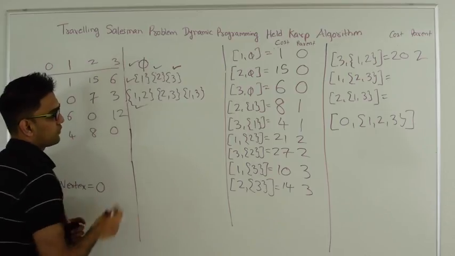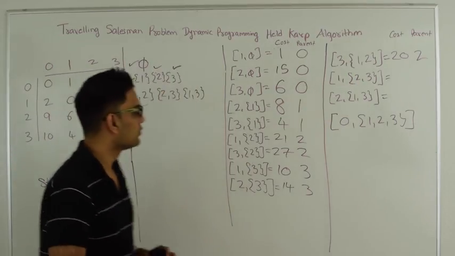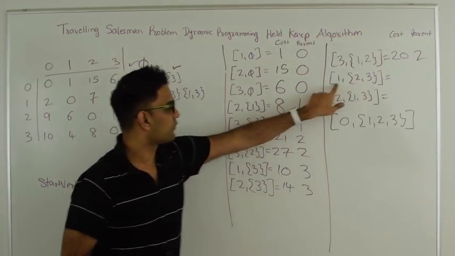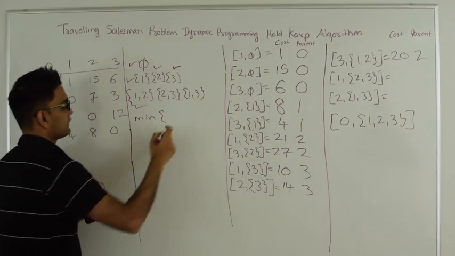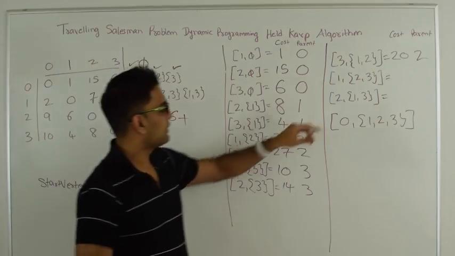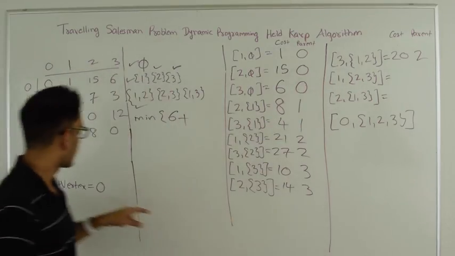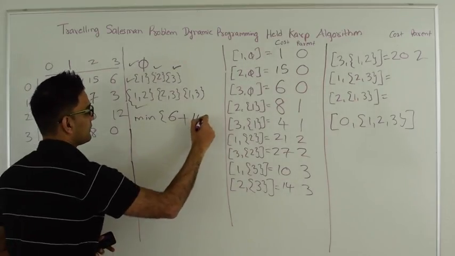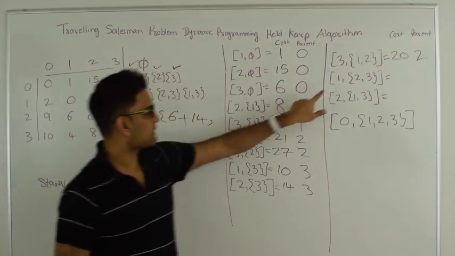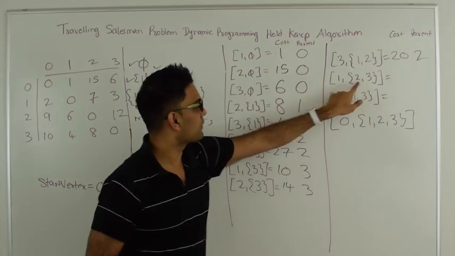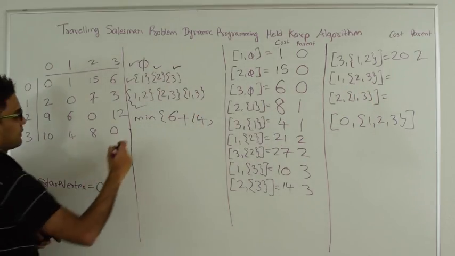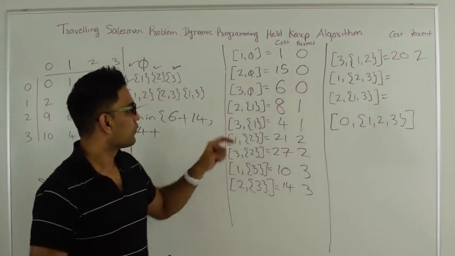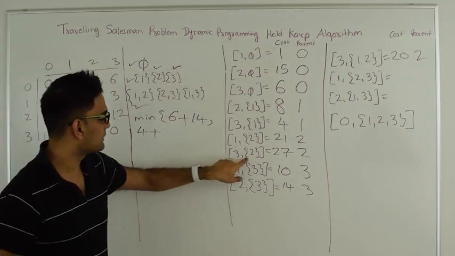So if the vertex right before 1 is 2, in that case the value we get is whatever it takes to reach 2 from 1, so 2, 1, so 6, plus whatever it takes to reach 2 from 0 going via 3, so that value is this, so 14, or if the vertex right before 1 was 3, so the distance from 3 to 1 is 4, plus whatever it takes to reach 3 via 2 from 0, so that is this value, so 27.